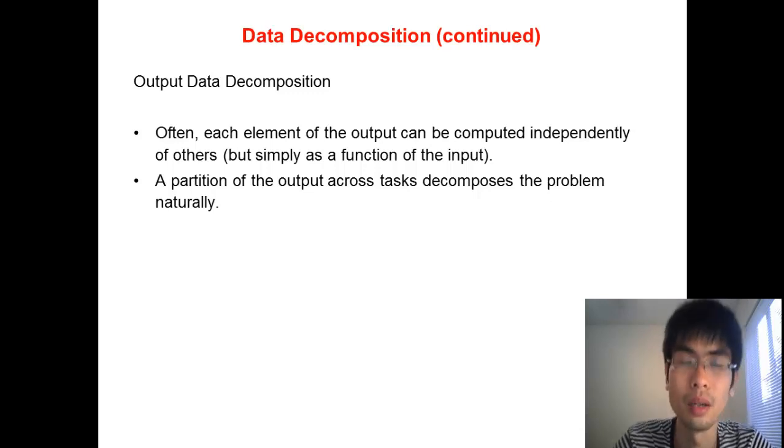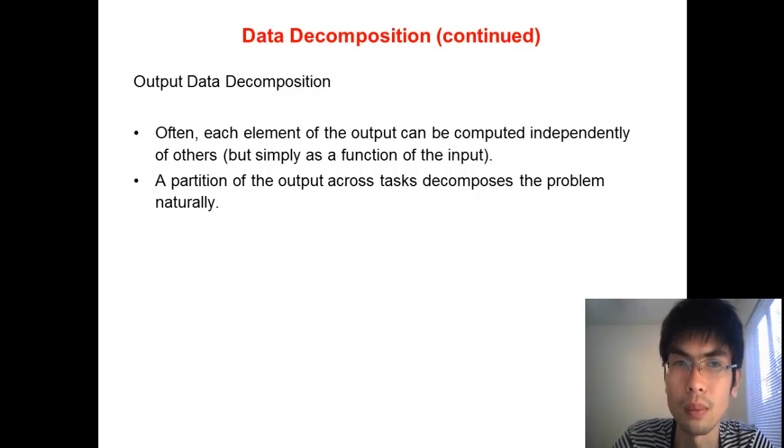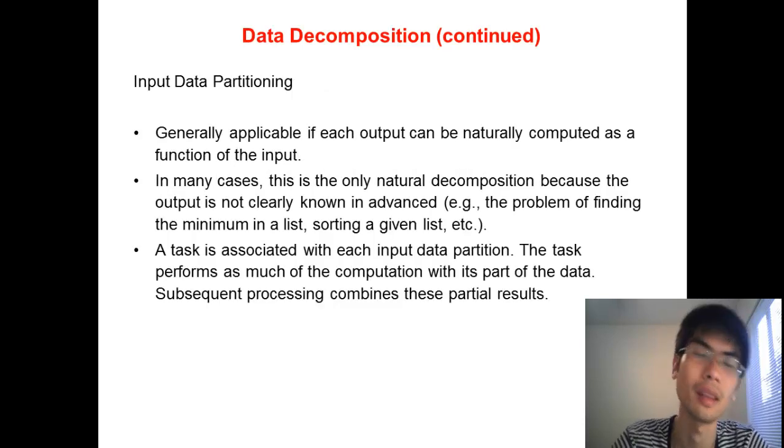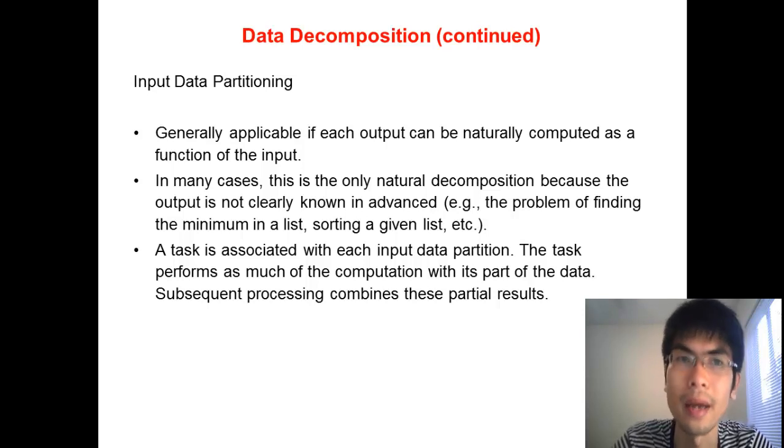Just as its name shows, we can divide the task by the output data, a partition of the output across tasks, decomposing the program initially. And here we have another strategy called input data partitioning. This method can be used if each output can be naturally computed as a function of the input.